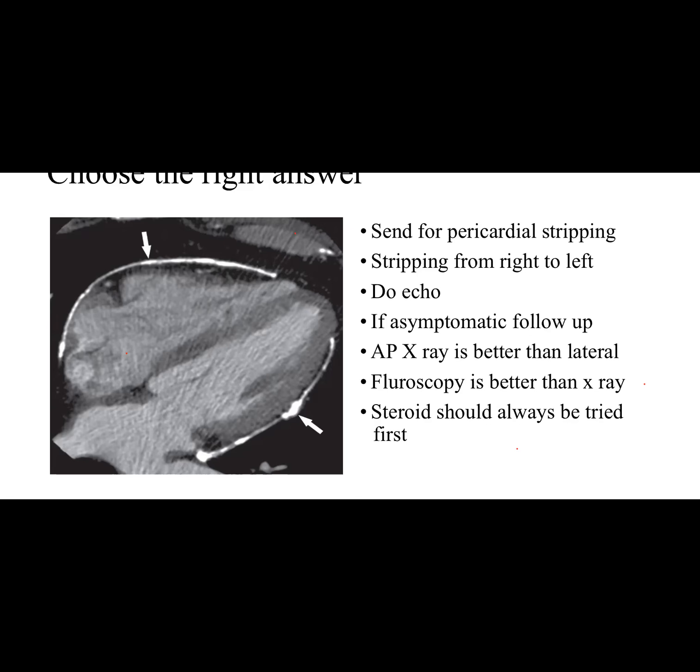When you strip from the right side first, you release the RV. And when you release the RV, you increase the flow into the RV. And when you increase the flow in the RV, you increase the flow into the pulmonary circulation, into the lungs. And where? Pulmonary edema. Exactly. Why pulmonary edema?